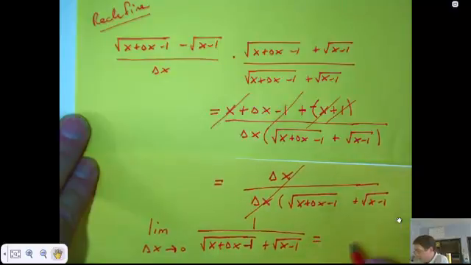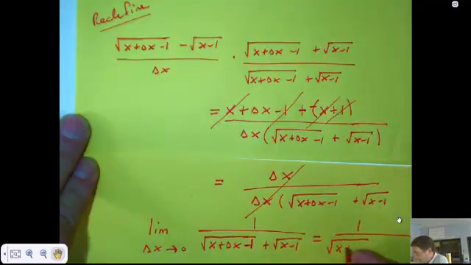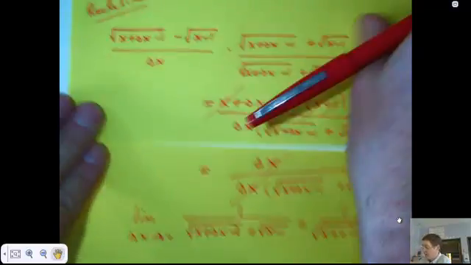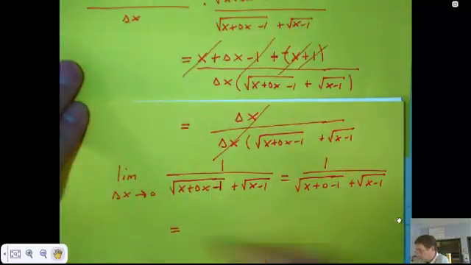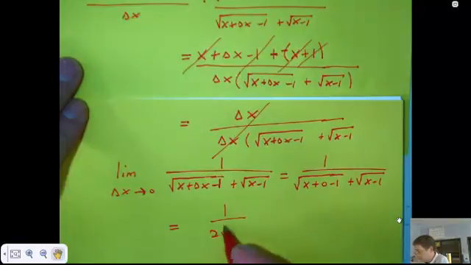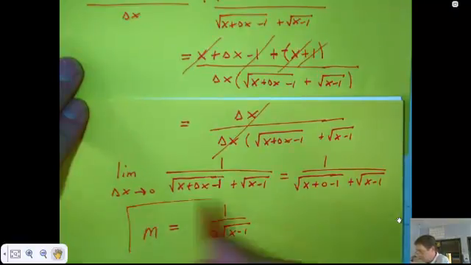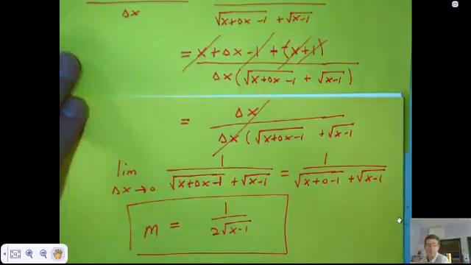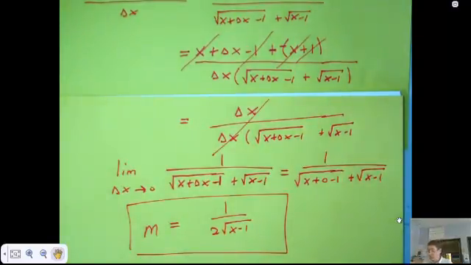So direct substitution, right, I have 1 over the square root of x plus 0 minus 1 plus the square root of x minus 1. So how should I write that? So there is my slope. That's my slope, 1 over 2 square root of x minus 1.